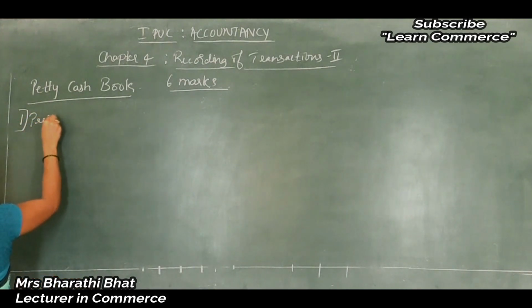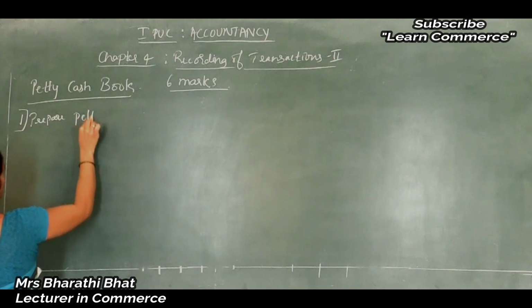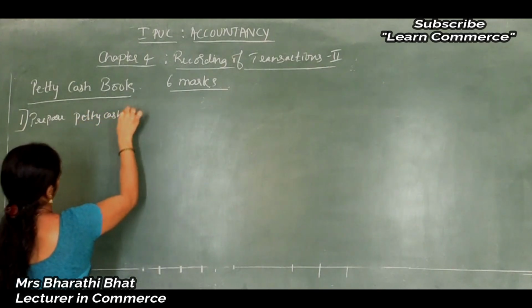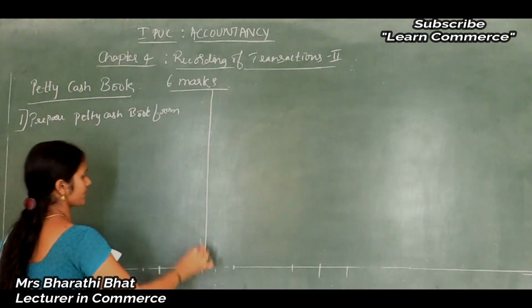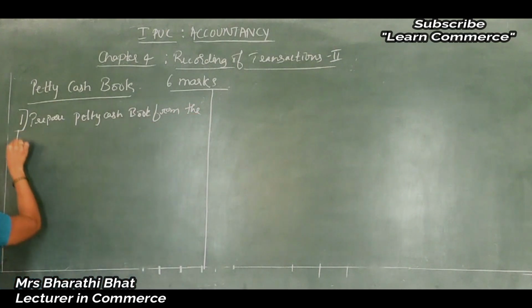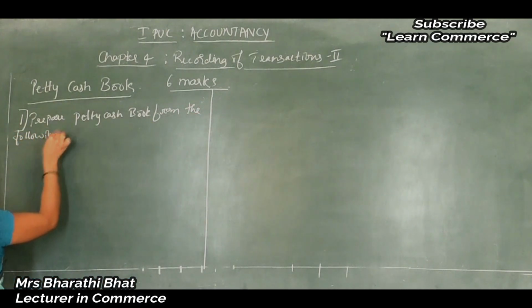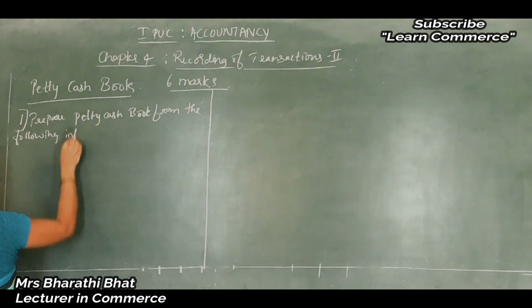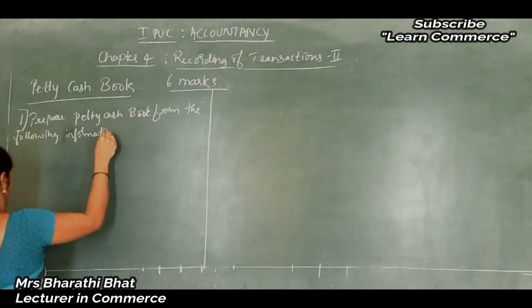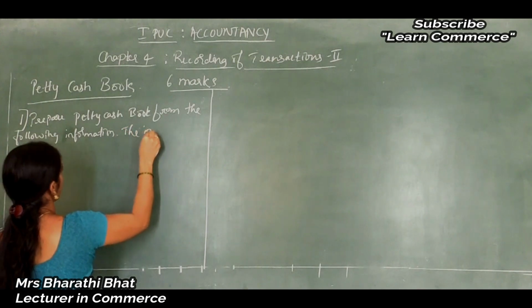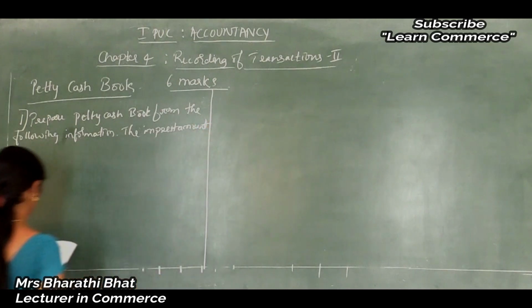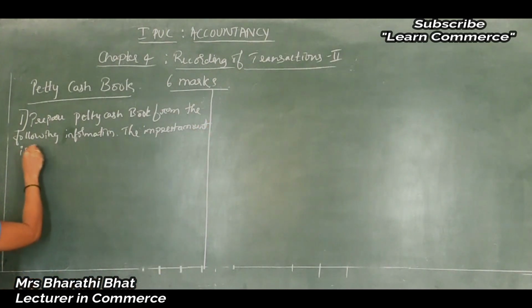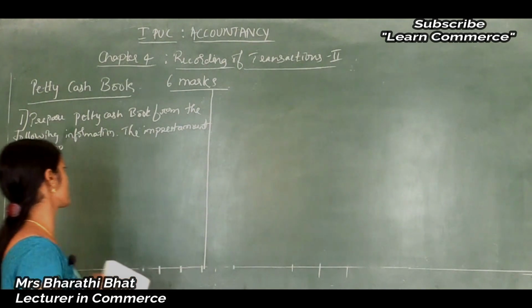Question is like this: prepare petty cash book from the following information. The imprest amount is rupees 1000.